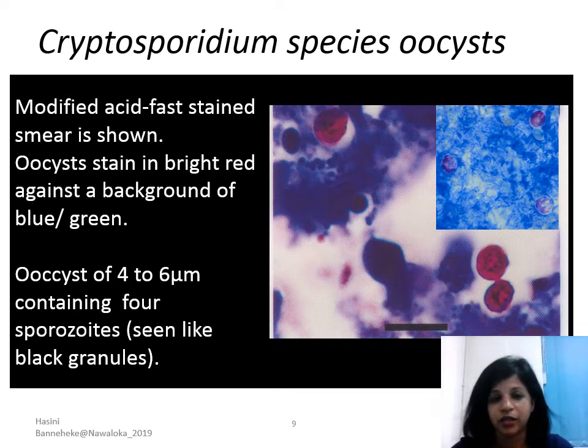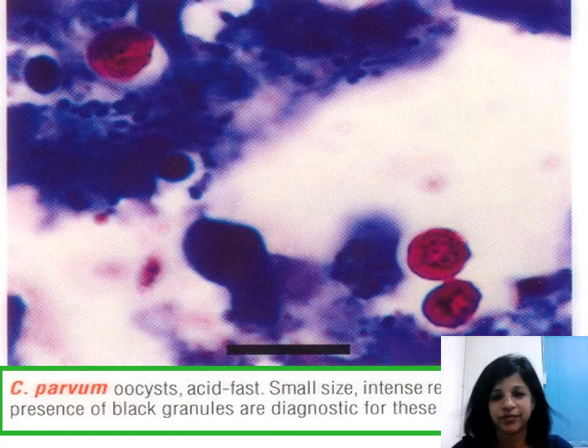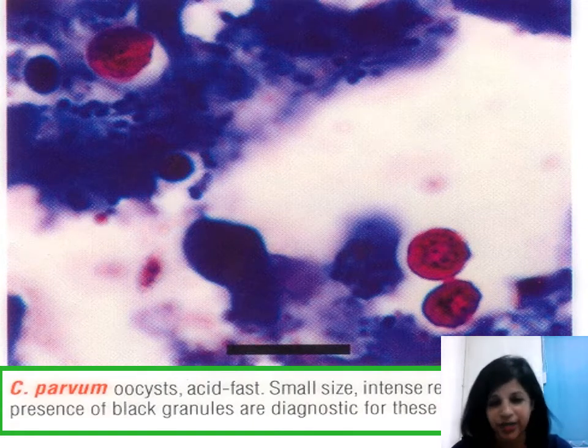Generally, if you put a measurement reticule onto the microscope, you can see that it's about 4 to 6 micrometer in size. This is the same thing shown again with the description of how you recognize them when the oocysts are stained with modified Ziehl-Neelsen stain.